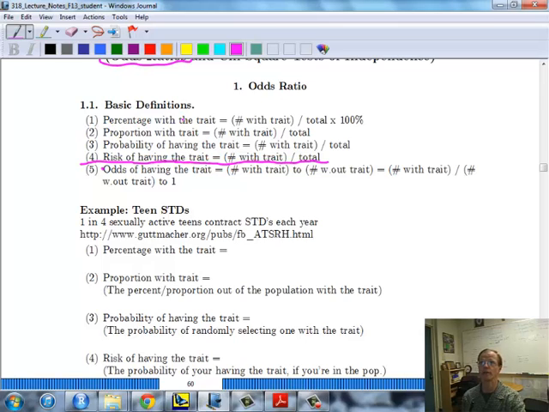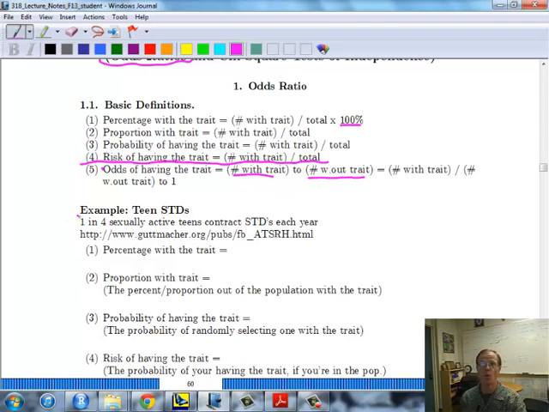Percent with trait is just the number with the trait divided by total times 100%, whereas the proportion, we drop the percent. Probability is the same form as proportion, as is risk. So what is odds then? Odds is number with to the number without, as opposed to the total. Let me clarify with an example.